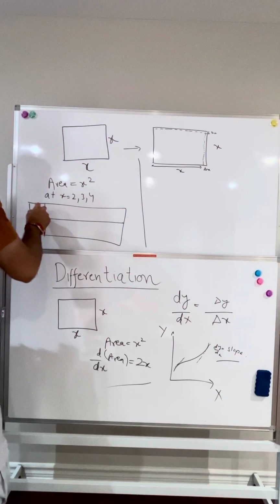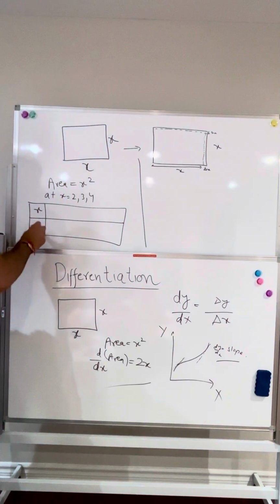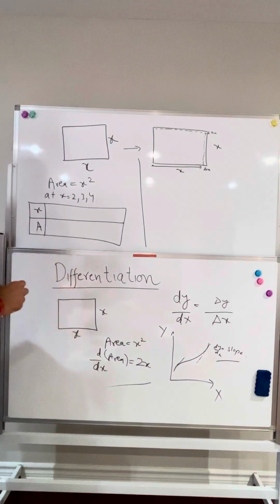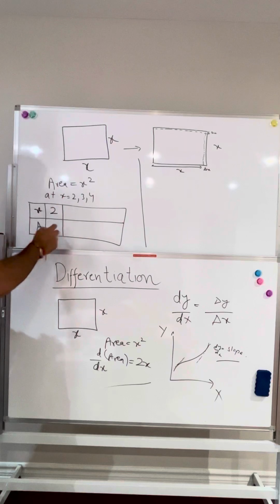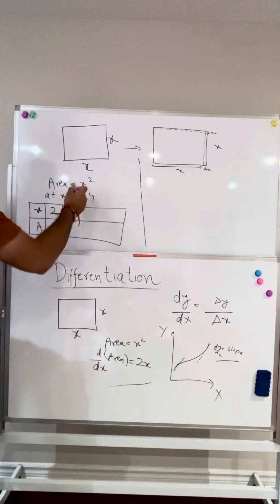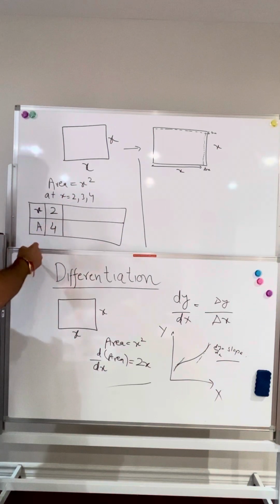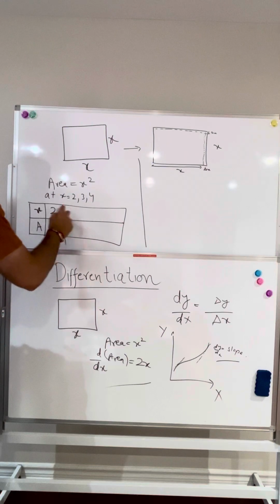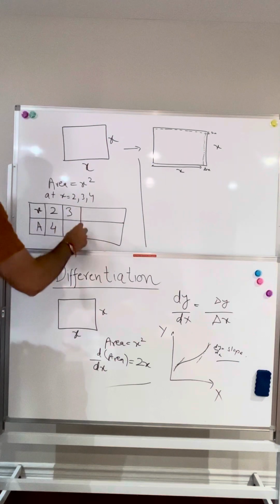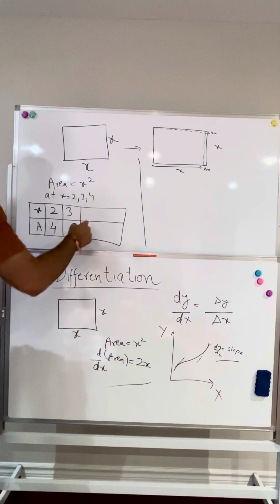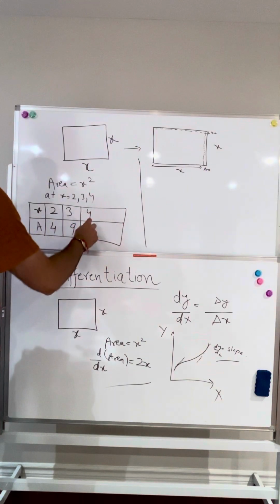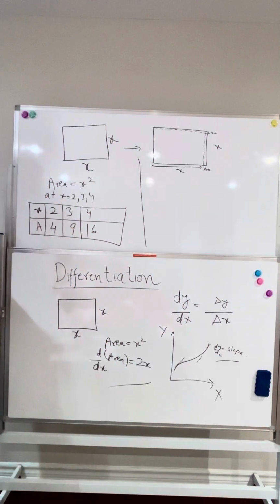So let's say at x, I'm going to denote area by a capital A. At x equals 2, we will have x square, which is 2 square, which is going to be 4 in terms of area. Similarly, when you have x equals 3, you will have area to be 3 square, which is going to be 9. Similarly, when you have 4, it's going to be 16 and so on.